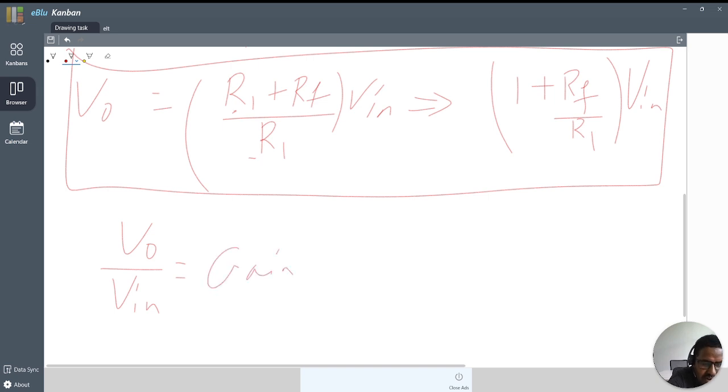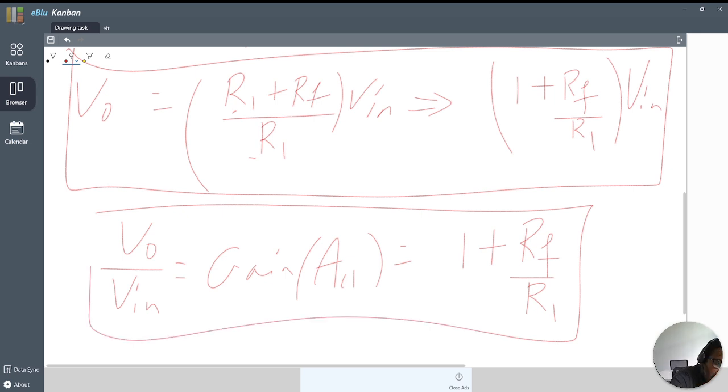So our gain is V out over V in, that means 1 plus Rf over R1. This is the gain of the non-inverting op-amp from this circuit.